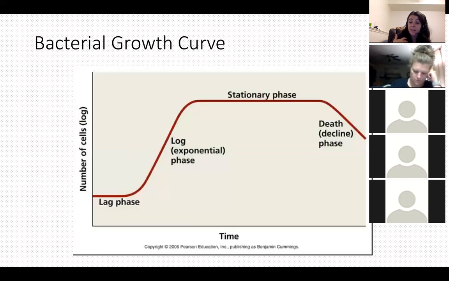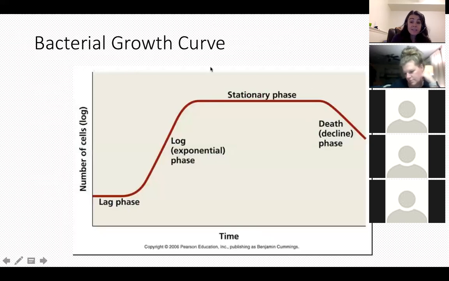So stationary phase means that the rate of cell death is equal to the rate of cell growth. So even though you still have cells that are dividing, you also have some that are dying off, and so your actual population of bacteria doesn't change.